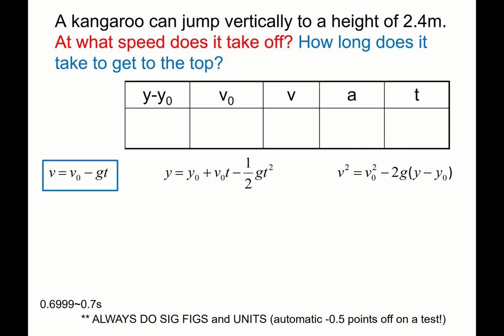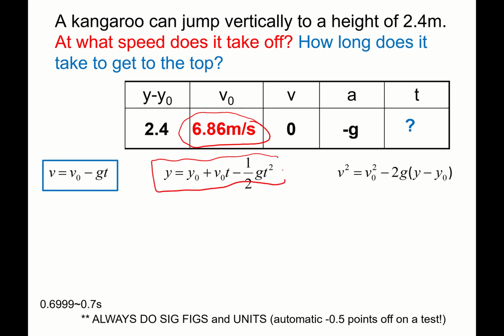All right, last thing, how long does it take to get to the top? We want to solve for the time. So again, put in all the numbers that we have, and I can put in my v0, and again I'm going to put in the unrounded number of 6.86 meters per second and solve for the time. So again, I could use either of these equations. I would rather not use the quadratic formula if I don't have to. So I'm going to use that first equation there and solve for the time.